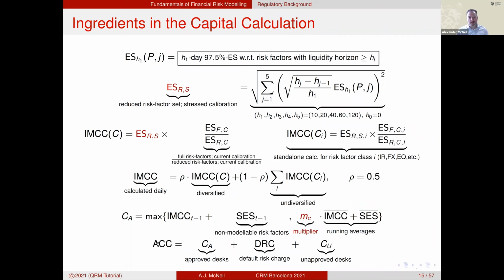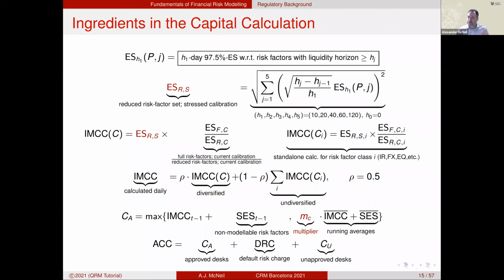Just to pick out a few things, the capital amount is actually based mainly on expected shortfall. Banks have to compute a 97.5% expected shortfall for a period of a certain number of days, which I've called H1. But they then have to use a scaling formula.